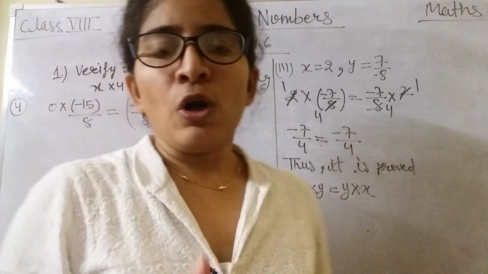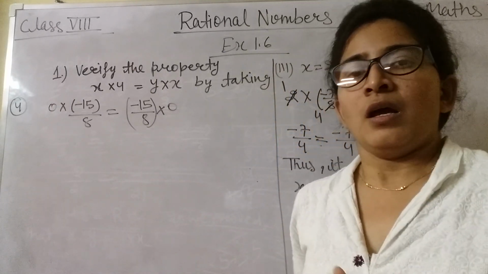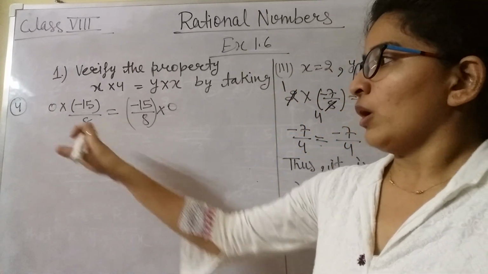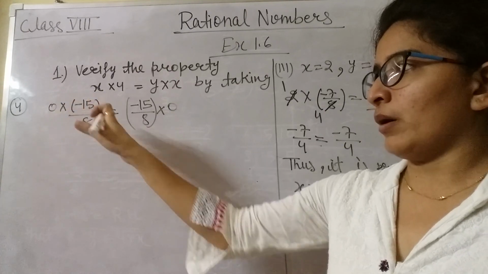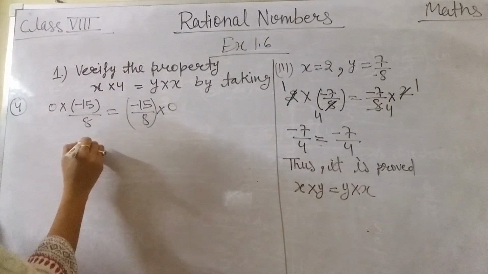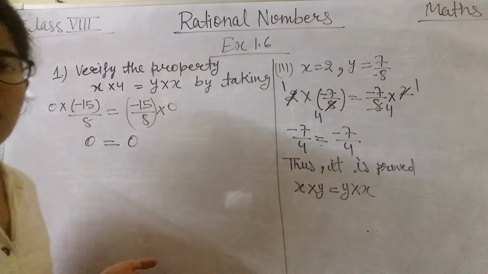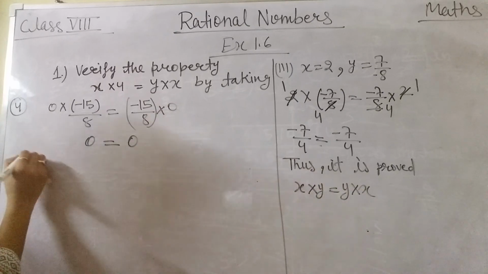Now students, we all know that if we multiply any number with 0, we will get 0 as a product. So if 0 is multiplied with minus 15 upon 8, that would become 0, and on the right hand side that would become 0. So thus it is proved.